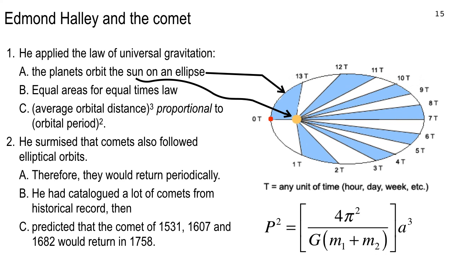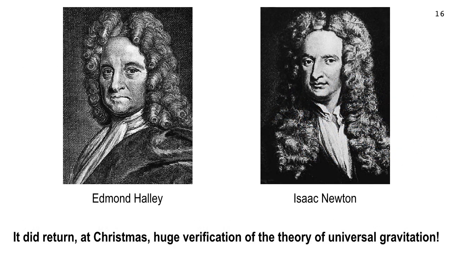1758. Halley's famous prediction. And by God, it did come back right at Christmas time, right at the end of the year. And that, my wonderful students, is like the crowning verification of Sir Isaac Newton's law of universal gravitation. He explained Kepler's laws, but he and Halley also predicted the return of this comet right on the money, right on time for Christmas.